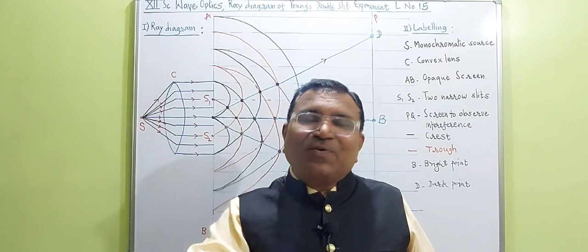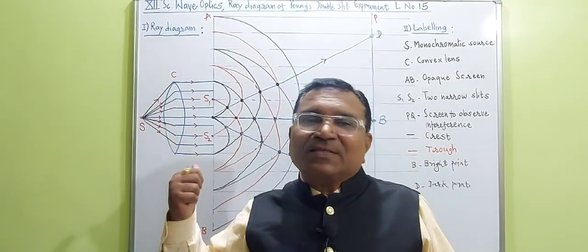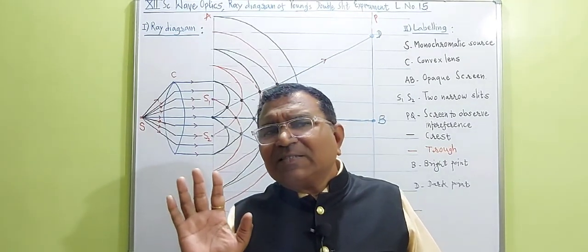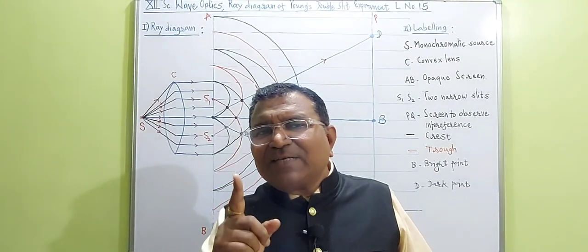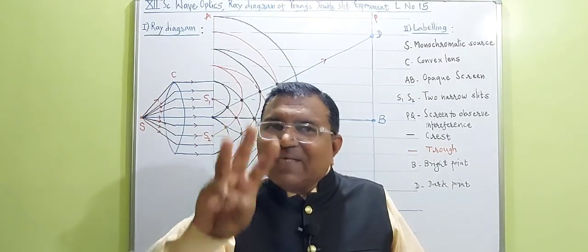And third importance is that by making use of this experiment, all conditions to get a steady interference pattern are satisfied. These are the three importances.